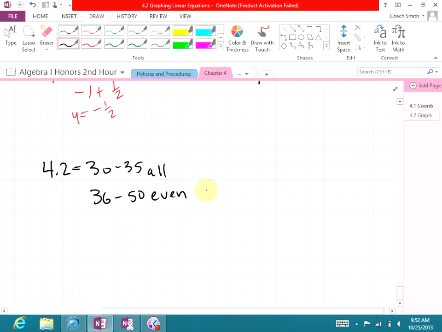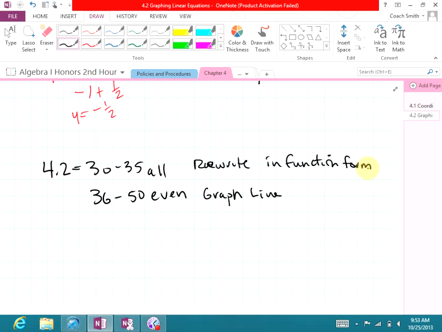These are the graphing ones. Those you have to graph the line. These you're just rewriting in function form. I won't make you do any word problems on those, although eventually we will.